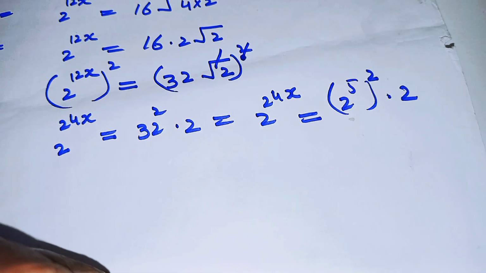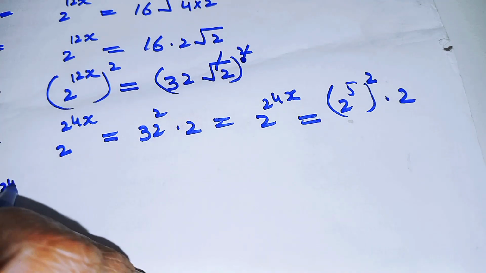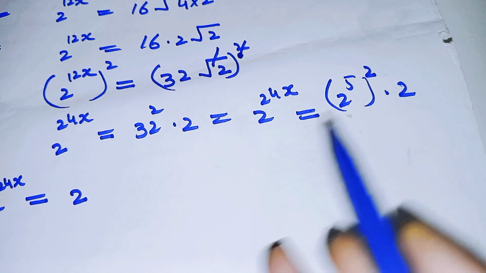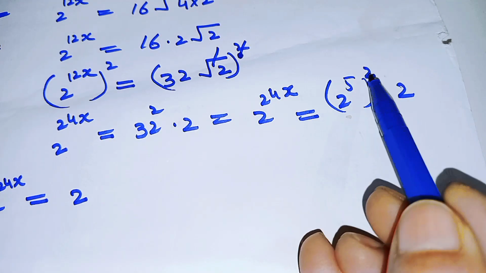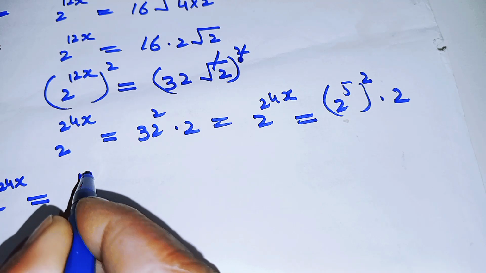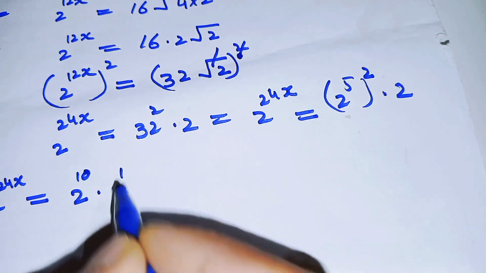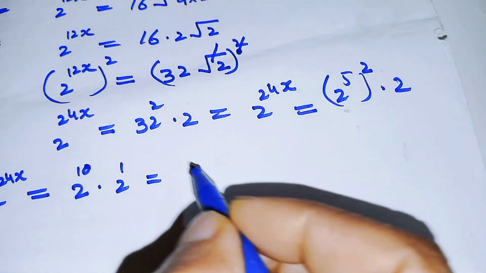And 2 to the power of 24x is equal to 2, and multiply these powers: 5 multiplied by 2 is equal to 10, times 2.